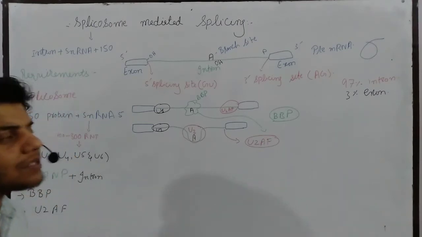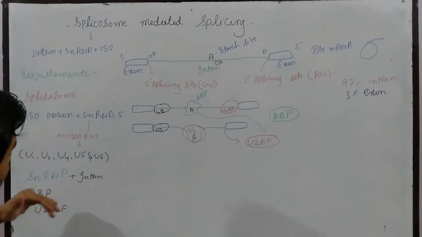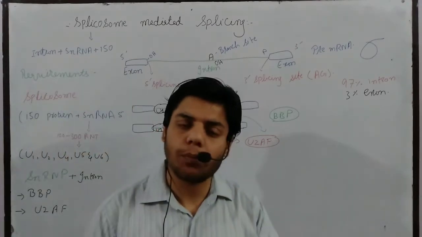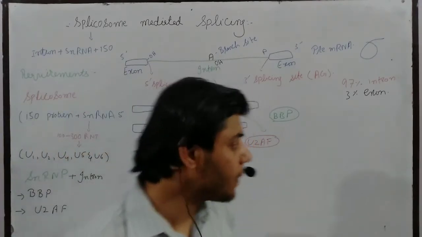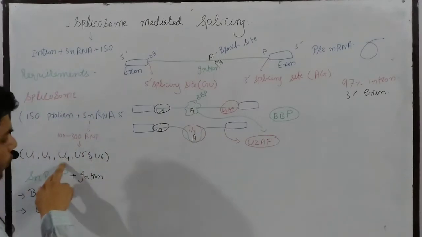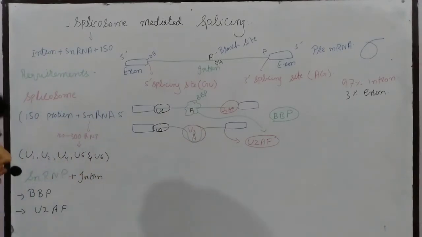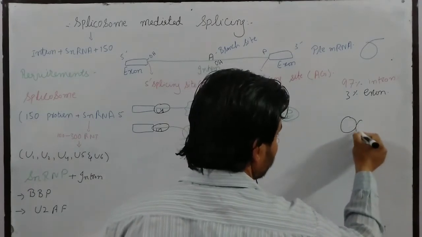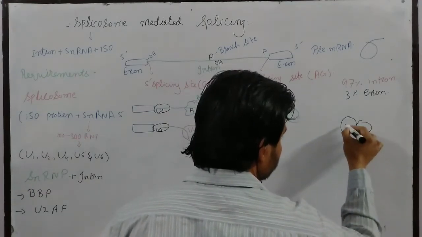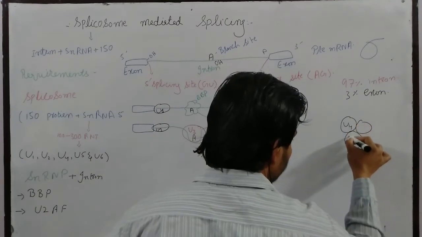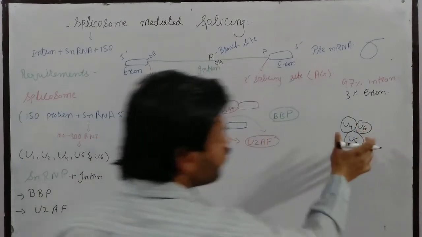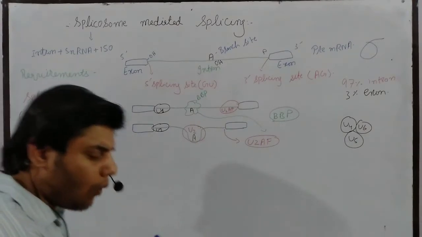Third step, what happens after that? Another three protein complexes get activated, and these are U4, U5 and U6. U4, U5 and U6 are actually in a complex form, a tri-complex form, as you can see. This is U4, U5 and U6. Why?